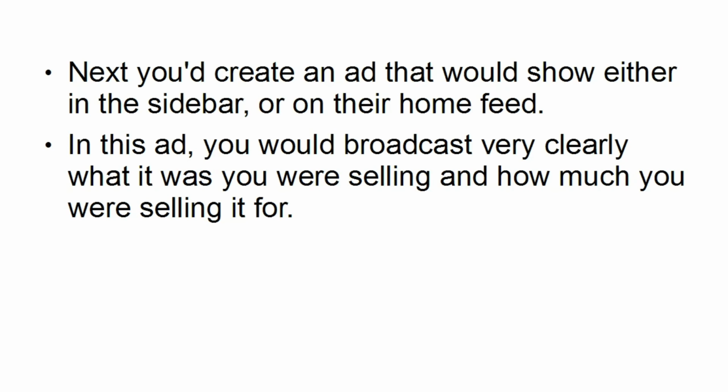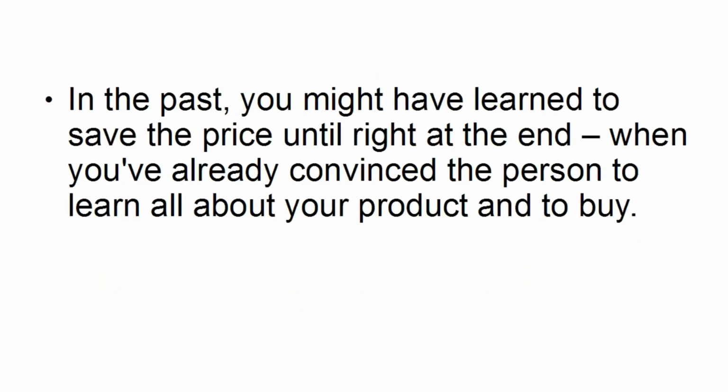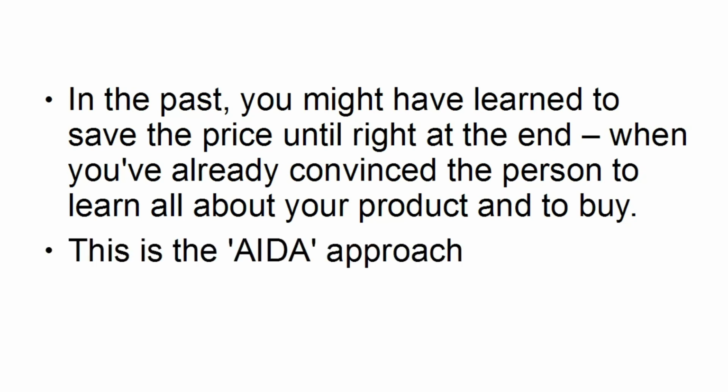So you could eliminate anybody who didn't want to buy it, you see, because this is where Facebook advertising can be a little different from other forms of advertising in terms of approach. Now, in the past, you might have learned to save the price until right at the end, after you've already convinced the person to learn all about your product and to buy. And this is known as the AIDA approach, which stands for awareness, interest, desire, action.